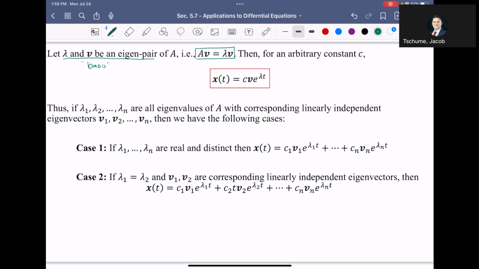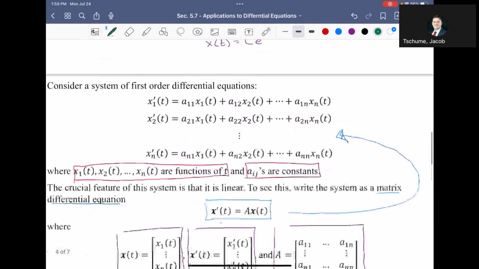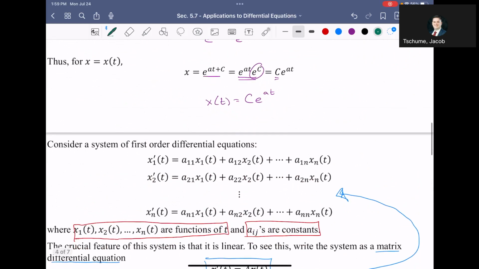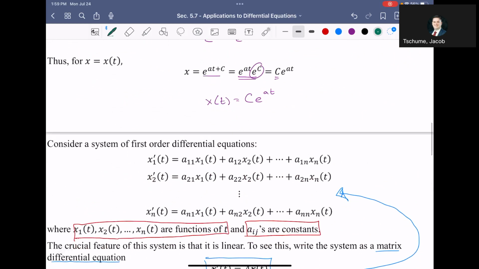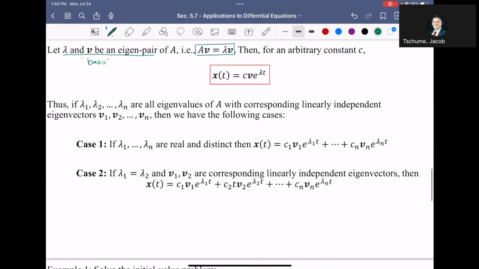If that is the case, then for an arbitrary constant c, we can define the solution, the vector x of t, to be c times the vector v times e raised to the lambda t. If I go back to the first slide, remember, we found x of t to be c times e to the at. What we're going to do is use the lambda and the v to write our solution.